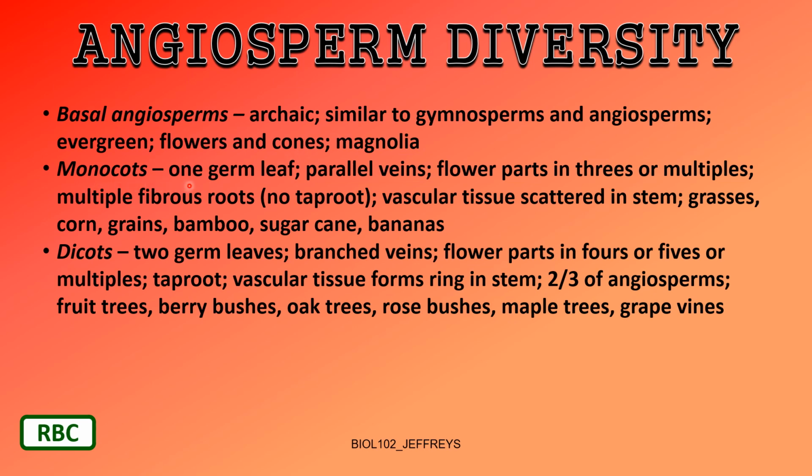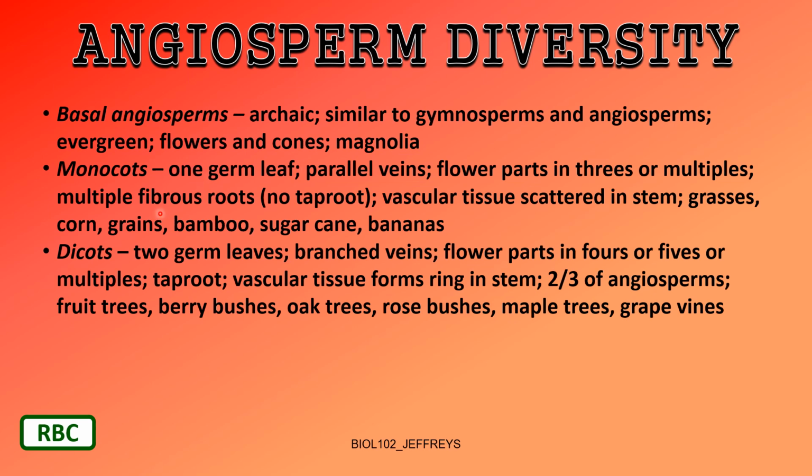Monocots, as you know now, are called monocots because they have one cotyledon, one germ leaf. Their leaves have parallel veins, and interestingly, their flower parts, you'll see, are in threes or in multiples of threes. 3, 6, 9. If you see a flower with three petals or 6 petals, then those are going to be monocots.